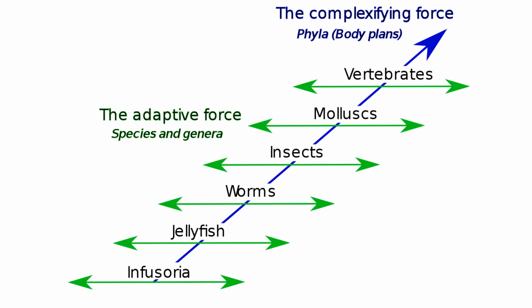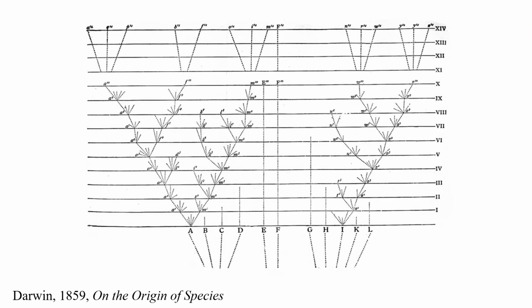For this reason, biologists tend to avoid linear, progressive, or directional models of evolution, and instead tend to prefer visualizing evolution with phylogenetic trees and cladograms that emphasize the many directions and dead ends of evolutionary change.